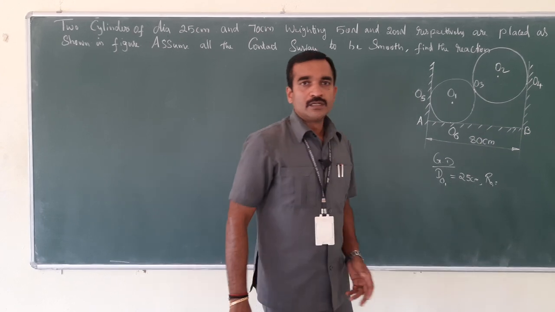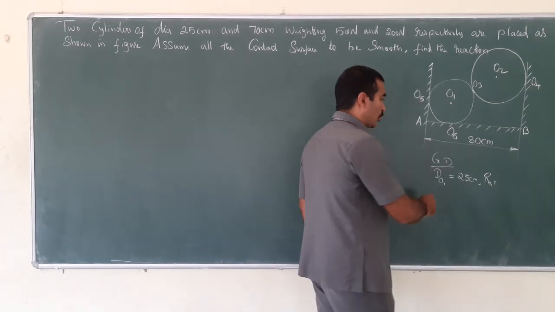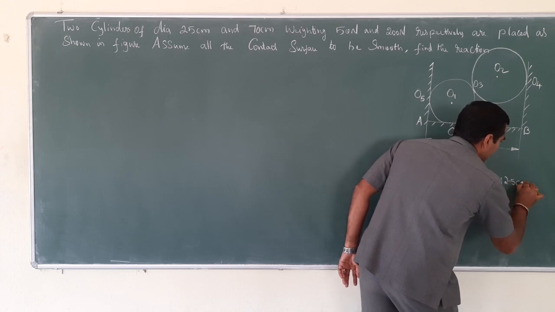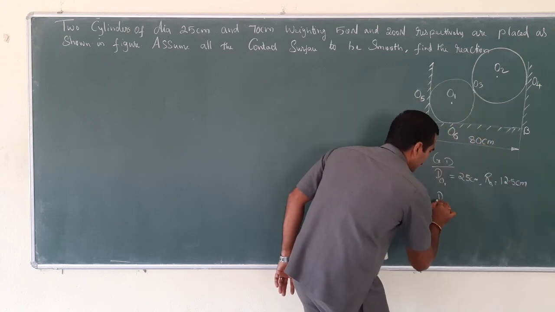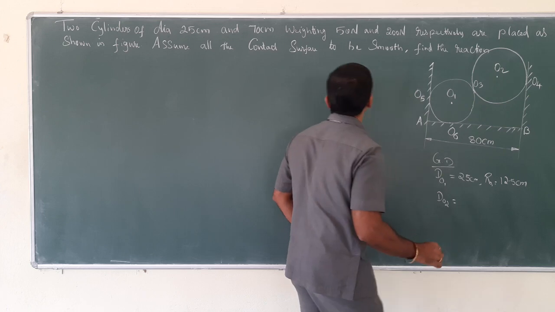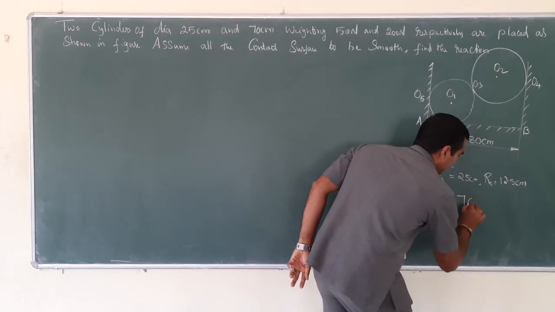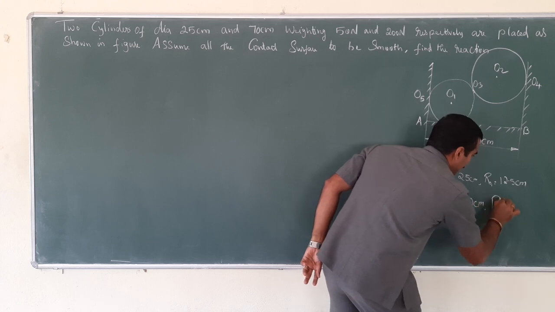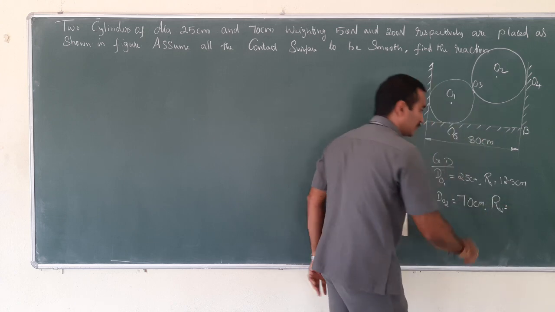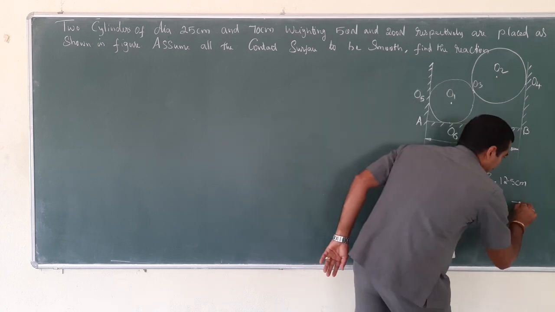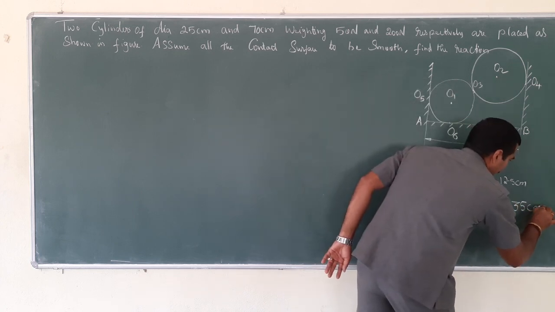R is equal to D by 2, therefore 12.5 centimeter. Then dO2 equal to 70 centimeter, and RO2 equal to half of the diameter. R is equal to D by 2, therefore 35 centimeter.